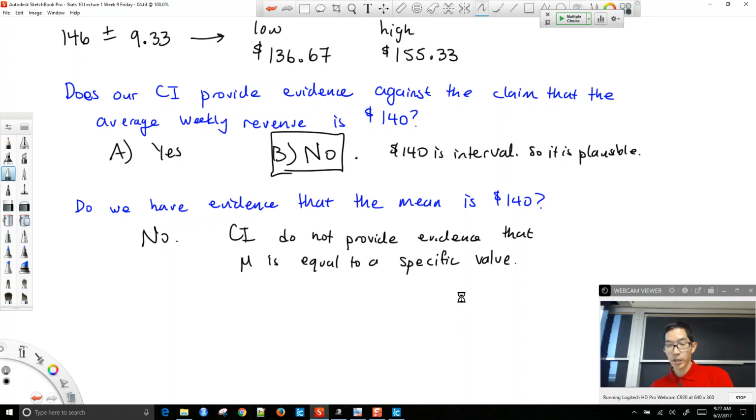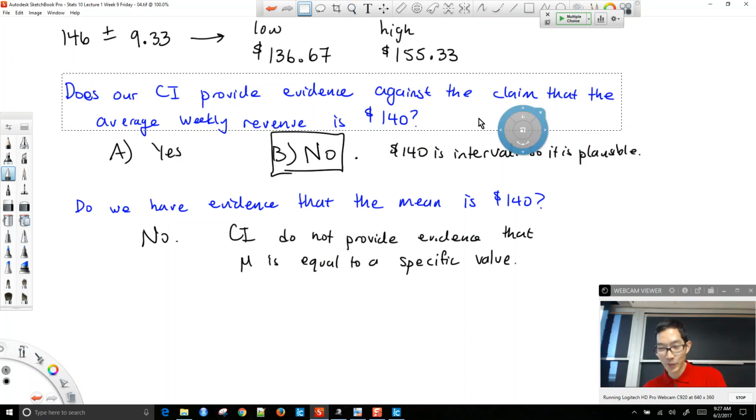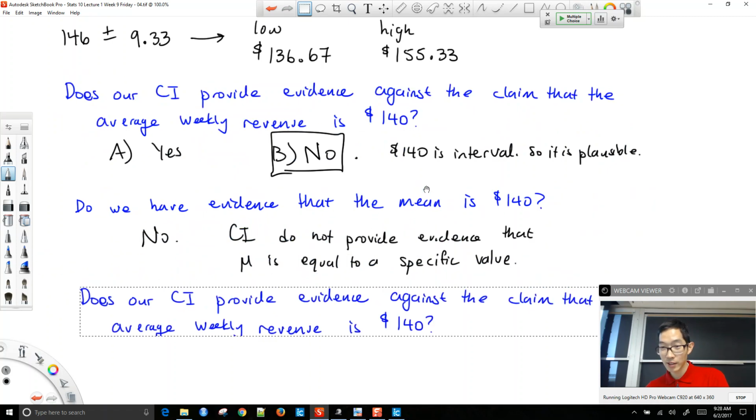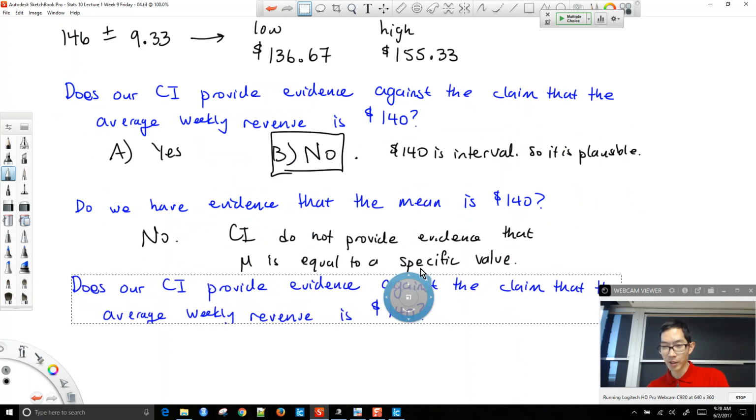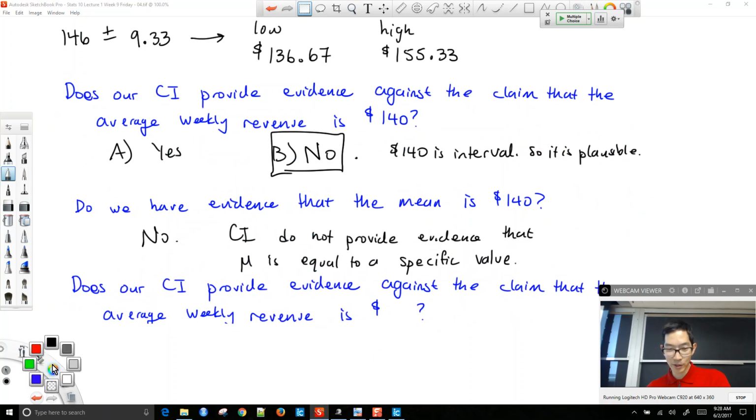Okay, and then the other question could be, does our confidence interval provide evidence against a claim that the average weekly revenue is, and then we put in some number outside of the interval, and you would say, yes, we have evidence that it's not that value, right? I'm just going to copy and paste the text here, and then just change it. I'm going through this quickly because I'm hoping we're all very comfortable with this stuff.